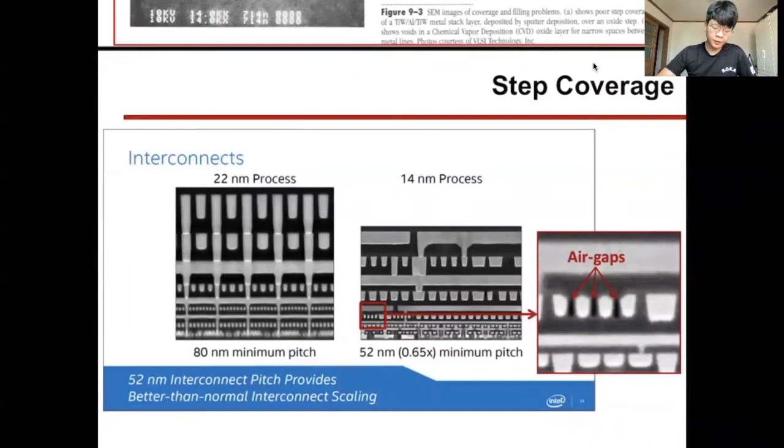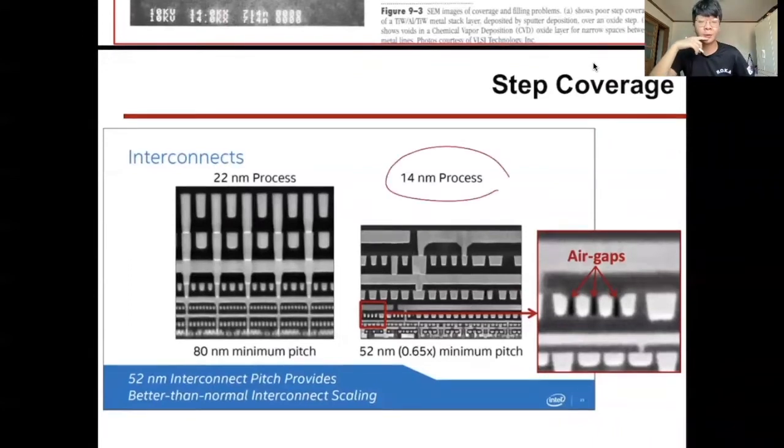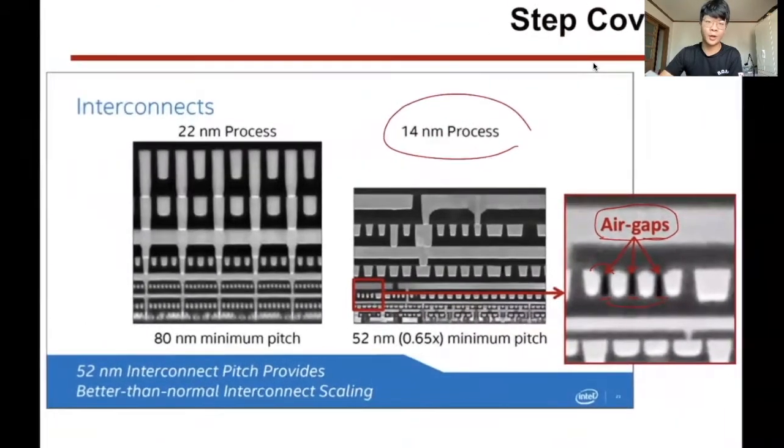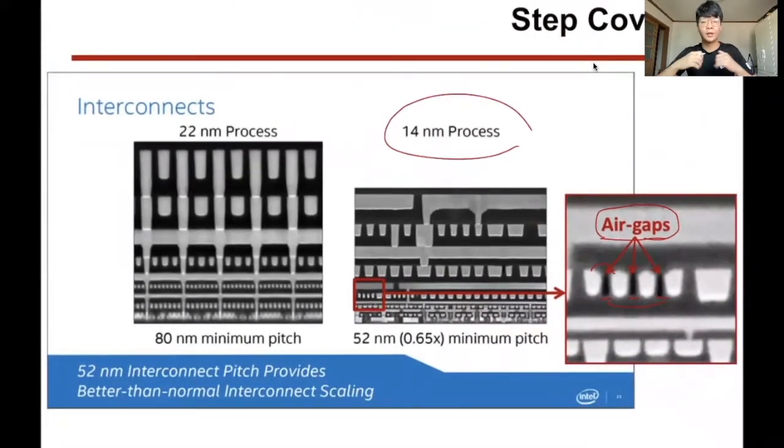If we look at Intel's 14 nanometer process, there are different colors. Here are the air gaps or voids on the metal layers to prevent electrical interference between interconnects. They use these voids, the air gaps, as low-K materials to isolate electrically between these two lines.